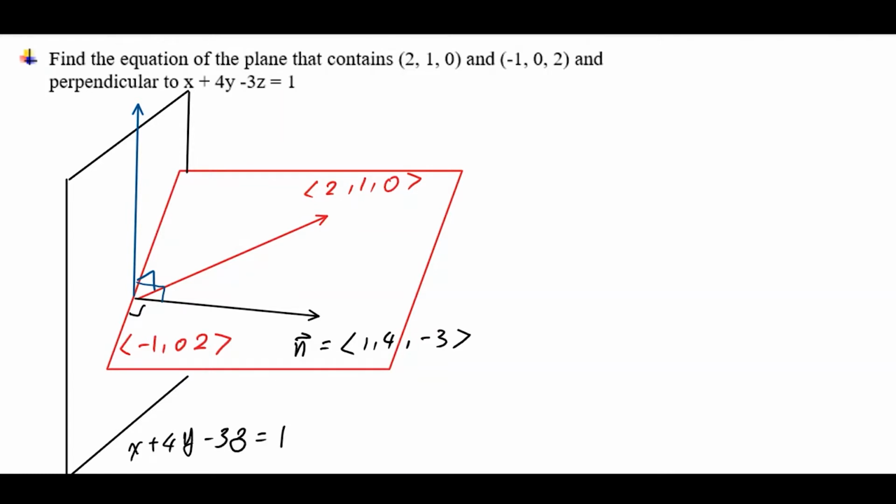Okay, I'm going to call this vector, let's say M, because I used N already. Any idea on how to calculate M? Dot product. Dotted with what? Well, with the normal vector and, I guess, this vector, the red vector?